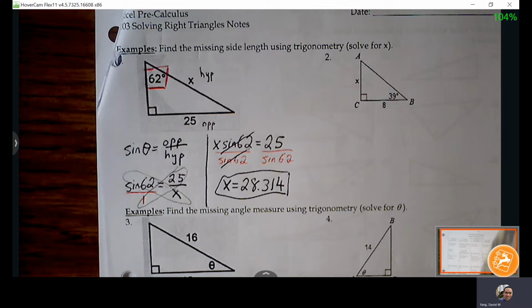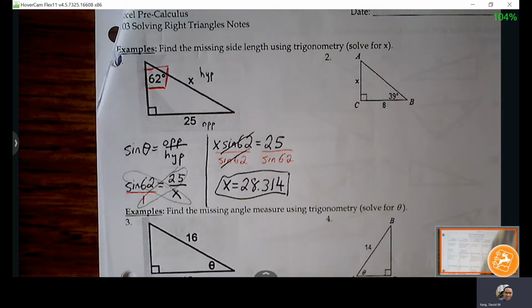You just leave it like that. Yes, yeah. I prefer 3 decimal places. I will let you know because that's what is required on the AP exam. So that's next year, but I want to get into the habit of 3 decimal places.